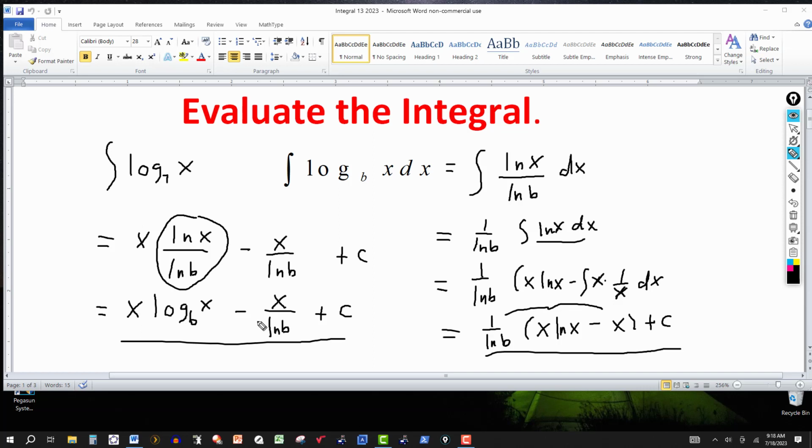Where we have b, you put the 7 there, plus the constant of integration, and you have it. So this is actually a formula that you can use to find the value of an indefinite integral. Again, just plug in the base value. Thanks for watching. We'll see you next time.